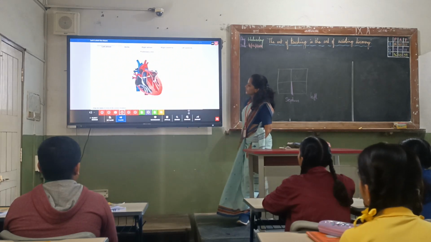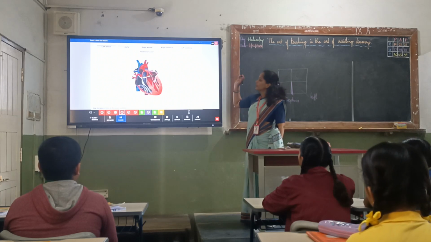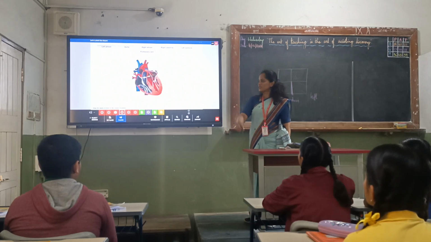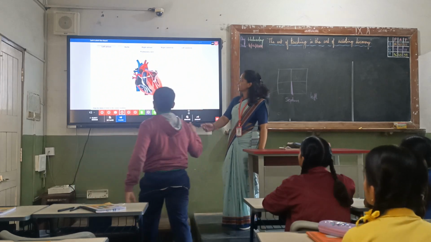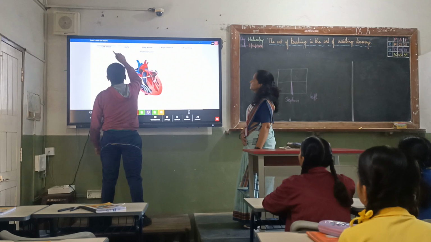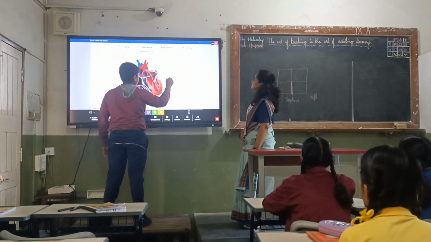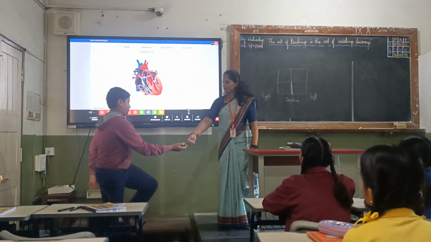This is what I do. You have to drag one of the labels to the place where it should be. Left atrium. Try again. Excellent. Very good.